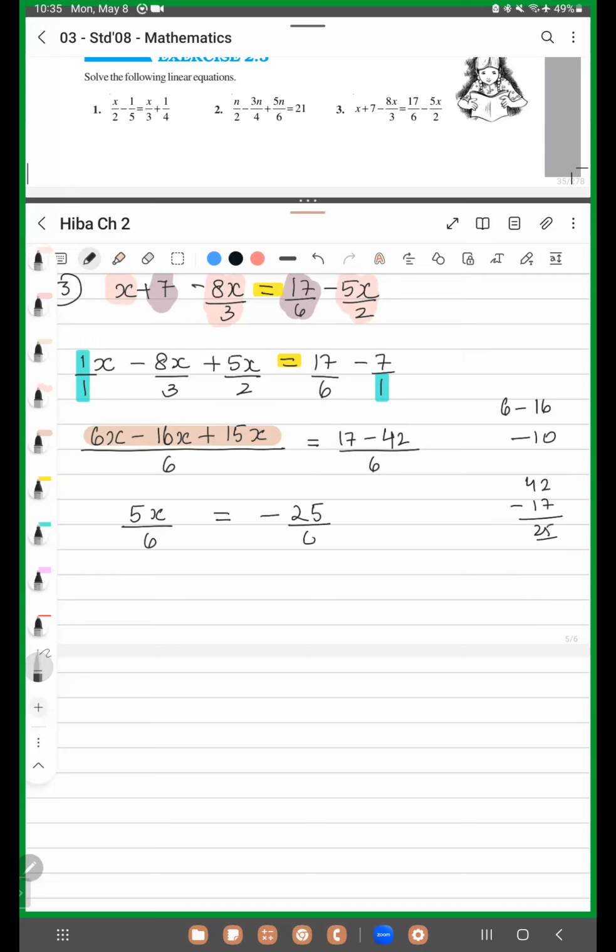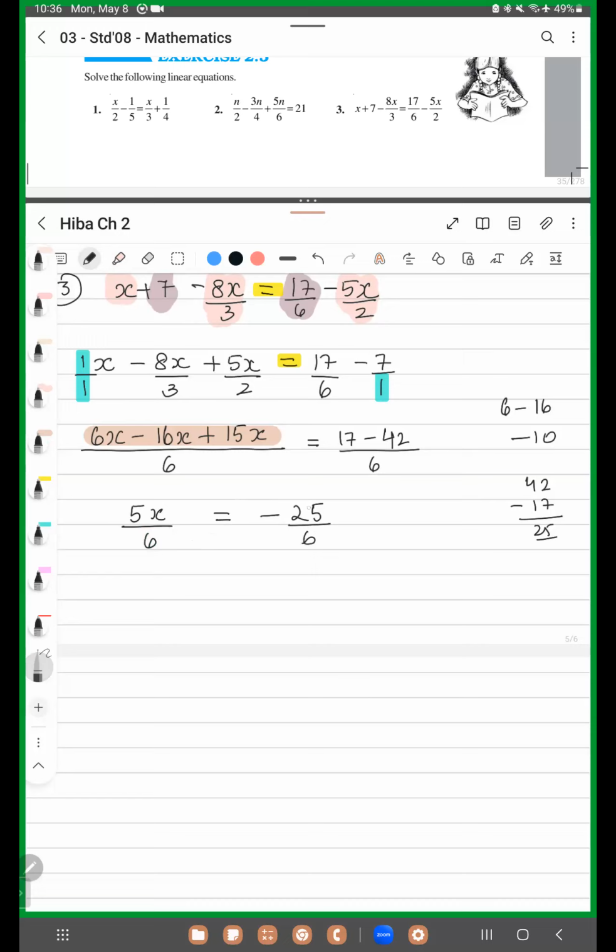अच्छा हिबा, मैं अब आपको एक छोटी सी बात बताऊंगी. अब इसके बाद आप क्या करने जाएंगी? What will you do now? You will take this 6 to the other side. Is that correct? Yeah. Okay. Now I will tell you something. There is a shortcut that if you have दोनों जगह same denominator, you can just cancel it like this. दोनों जगह same denominator है and like कुछ और नहीं है.